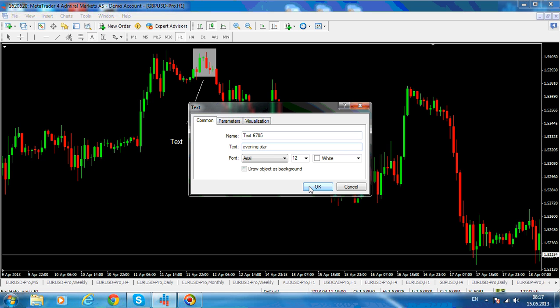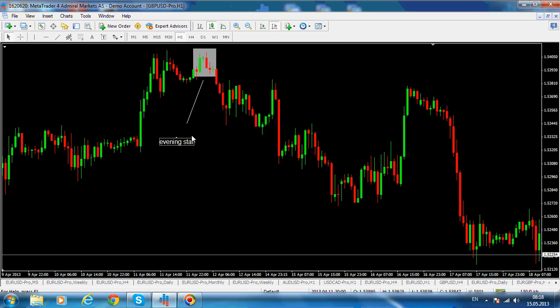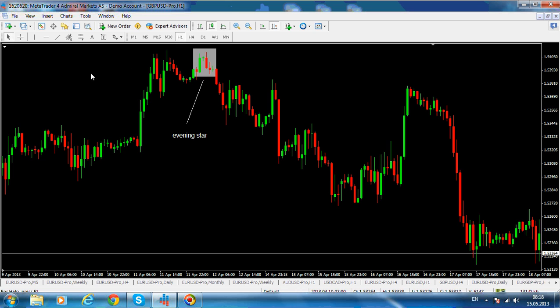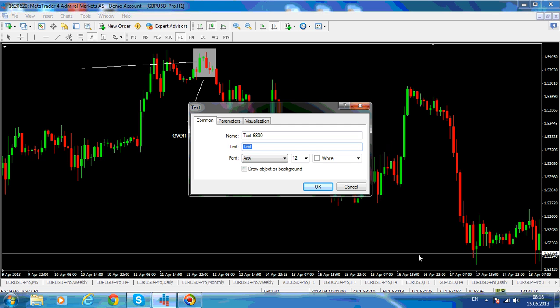And as you can see, the evening star is formed by a group of 3 candles, with this candle being a strong green candle showing bulls are in control.